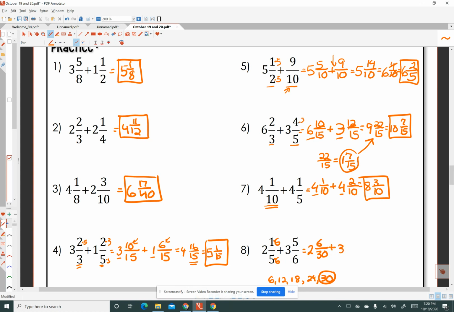Plus 3 and how many 30ths? Well, 6 times 5 is 30, so we multiply the numerator by 5, which is 25. And that would give us 2 plus 3 is 5, and 6 plus 25 is 31 30ths.